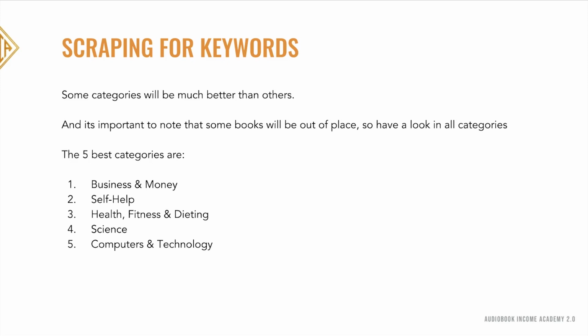There are some categories that will be much better than others. Like we said in the niches to avoid and niches to be in, it's a little similar to that. But it's important to note that some books will be out of place in these category lists. So have a look in all of them. It's just weird like that.